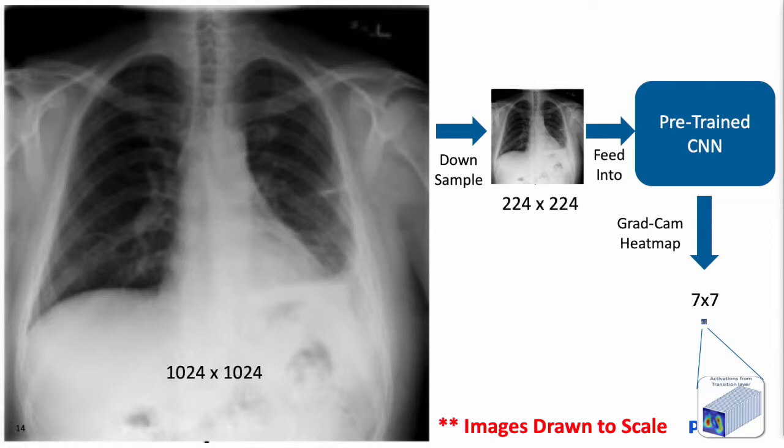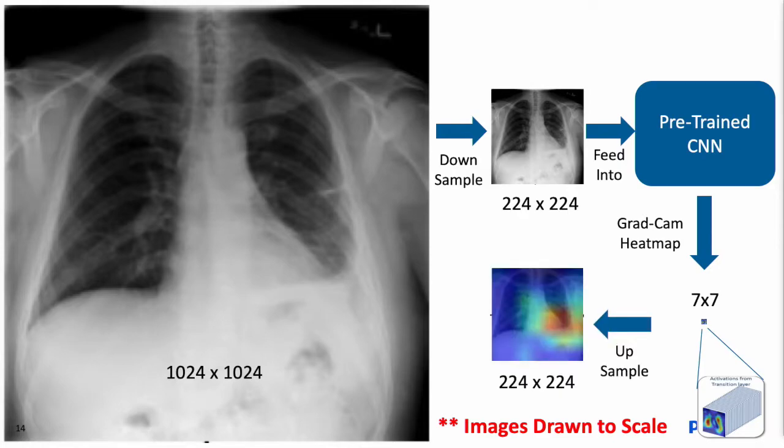The heat map that you end up seeing on the image of your chest X-ray is an upsampling of this tiny little original heat map. This is why it's very coarse and not very specific to the actual locations. So already there are a few things not advantageous about these methods: we're downsampling to begin with, and then upsampling a very tiny heat map and getting a coarse visualization of what's happening.